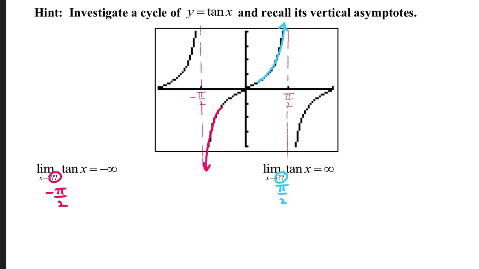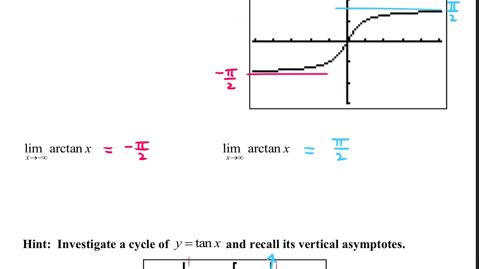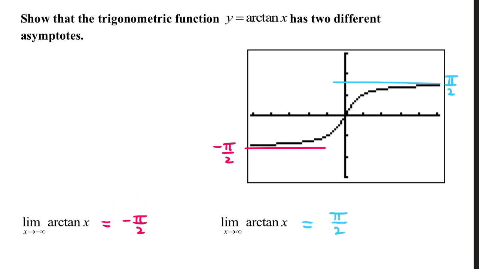Let's go back up and look at our arctangent now. If you take this particular cycle of tangent and you flip it towards you top to bottom, and then you turn your graph 90 degrees counterclockwise, this is where you produce a cycle for your arctangent graph.